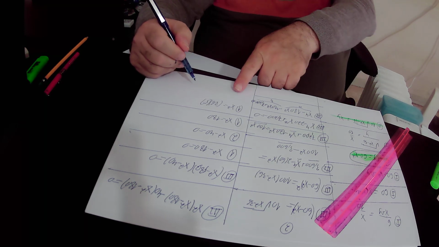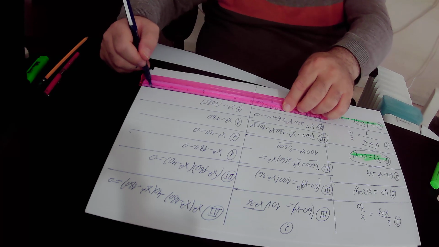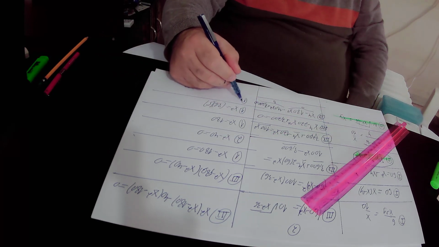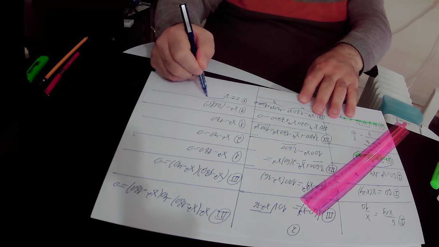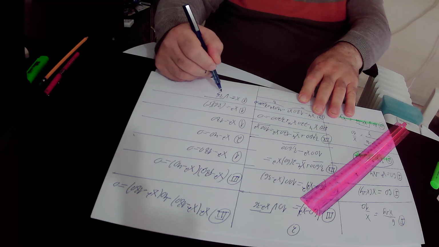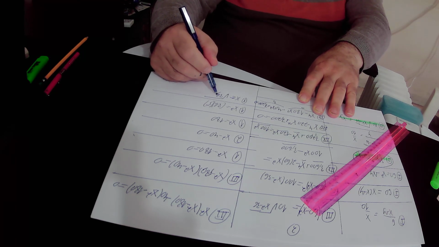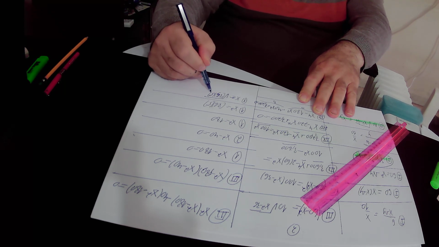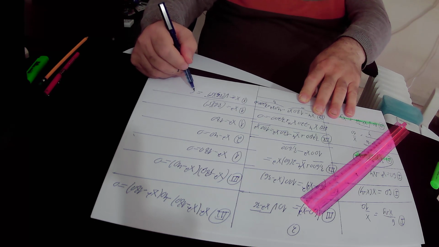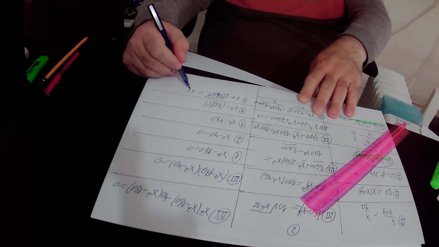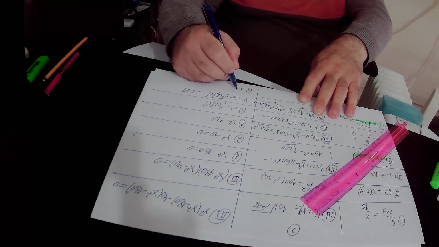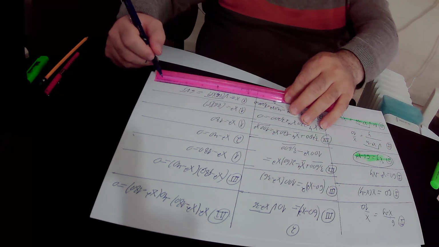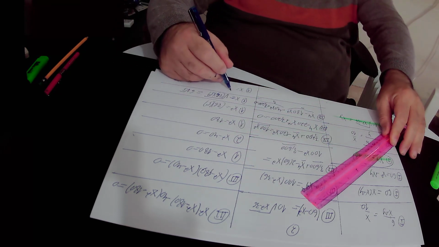Now we take a root out of this equation number 1, and we get that x equals the square root of 36 times 5. The square root of 36 is 6, so inside the root we have only 5 left. So according to equation number 1, x equals 6 times square root of 5.